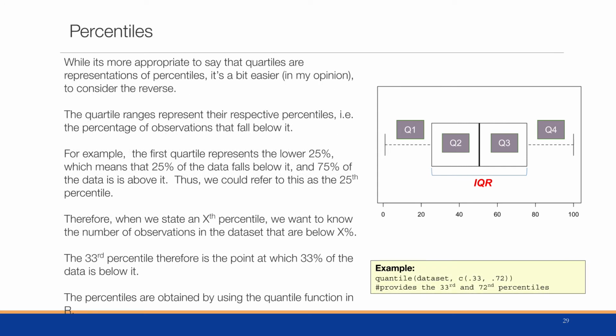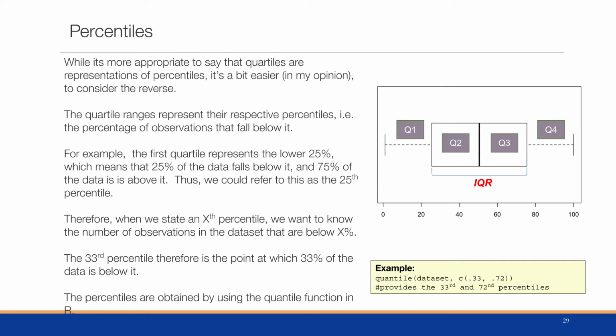Now with a percentile, while it's more appropriate to say that quartiles are representations of percentiles, it's a bit easier, in my opinion, to consider the reverse, that percentiles are an easier way to consider quartiles. The quartile ranges represent respective percentiles, 25%, 75%, and 50%, as an example.